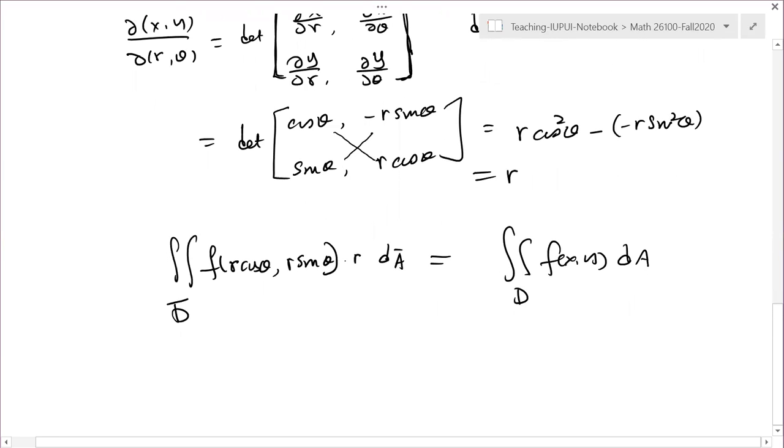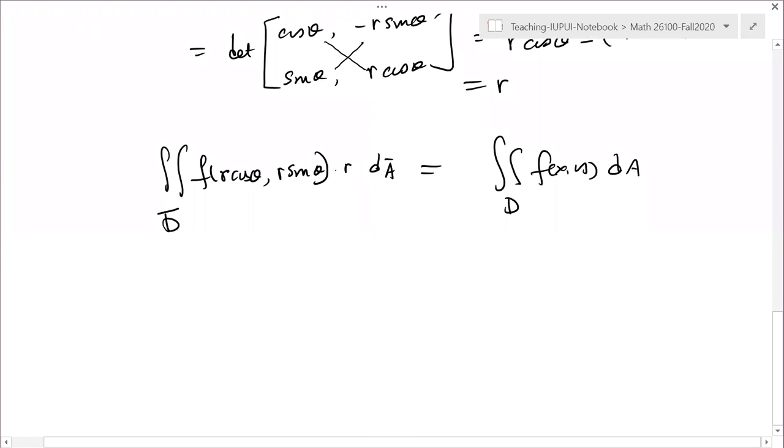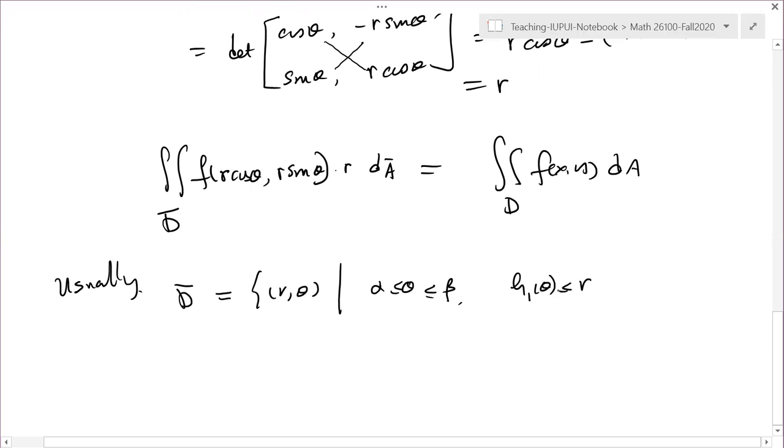Usually D bar is given by something like this: theta is between alpha and beta, and r is between h1 of theta and h2 of theta.